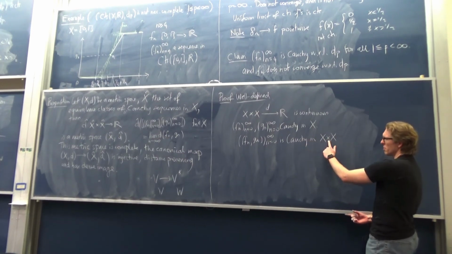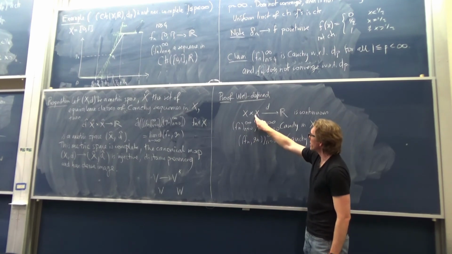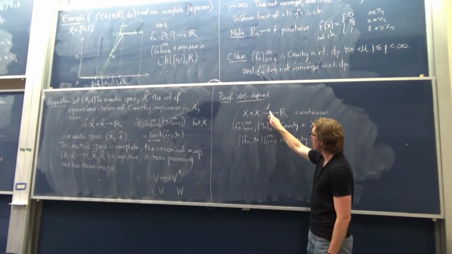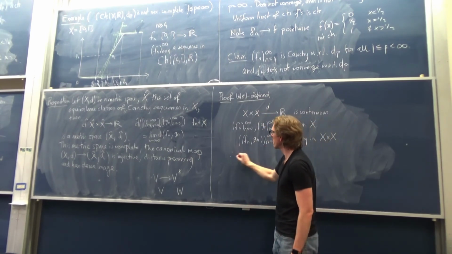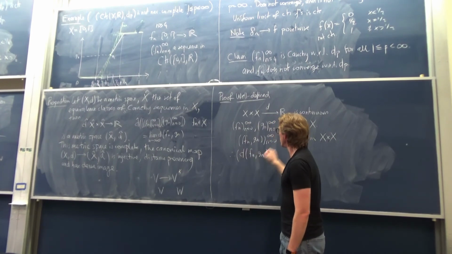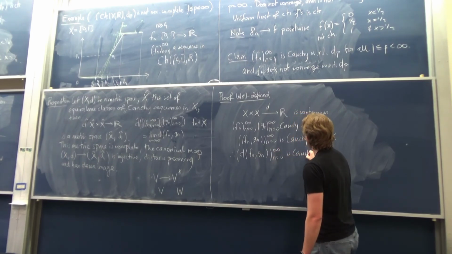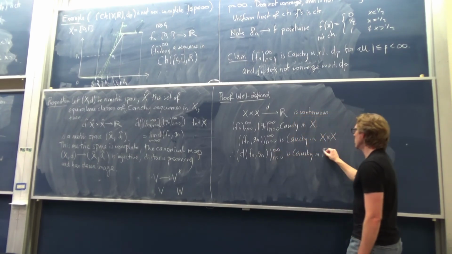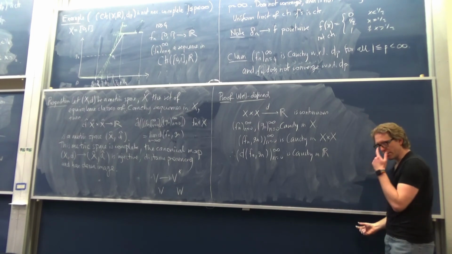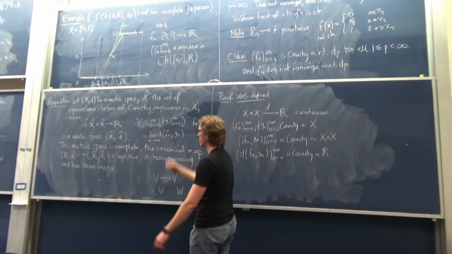If I have a Cauchy sequence in a metric space and a continuous map, then its image is Cauchy. But R is complete, so it has a unique limit, so I'm entitled to write that down.